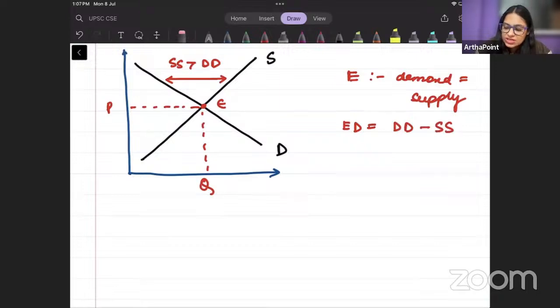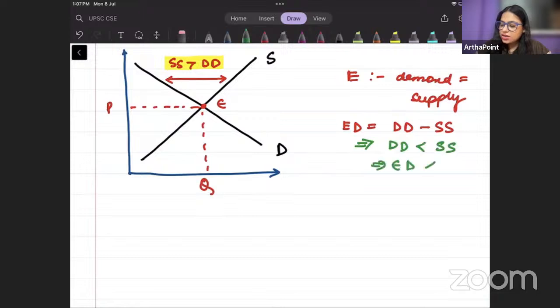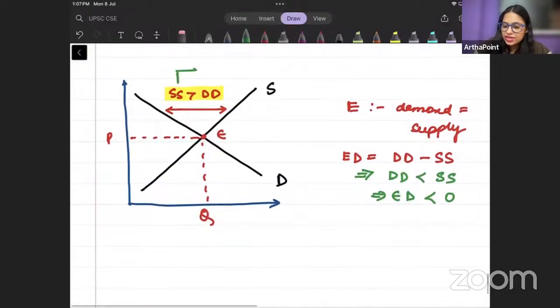Because here supply is more than demand, demand is less than supply, so my excess demand is negative in this region.